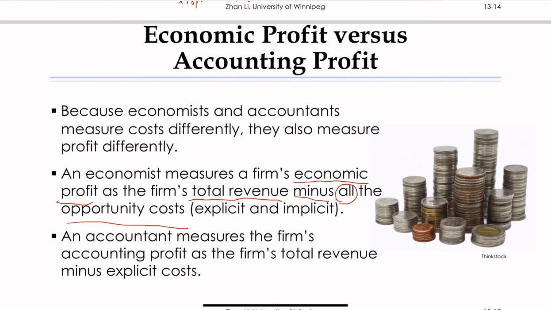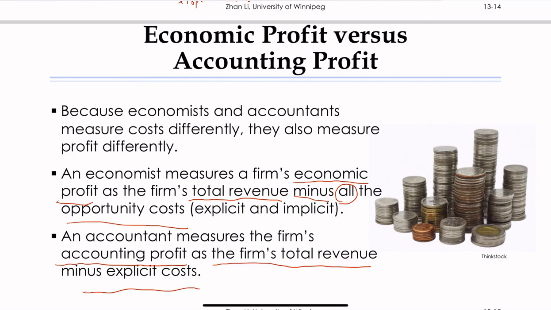And then in the other case, that is from an accountant's perspective, right? An accountant will measure a firm's accounting profit. So in this case, accounting profit is defined as the firm's total revenue minus explicit cost. So you can see that in these two kinds of definitions, the starting point is always the same, right?